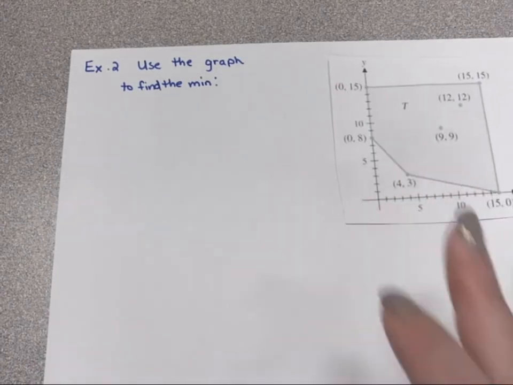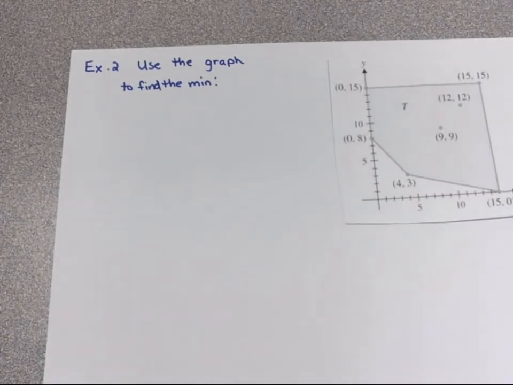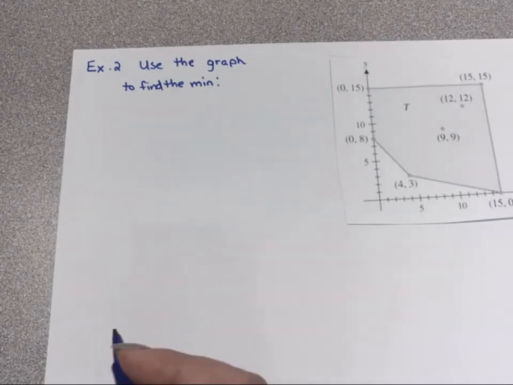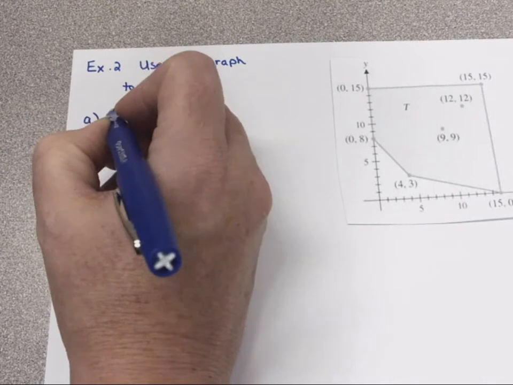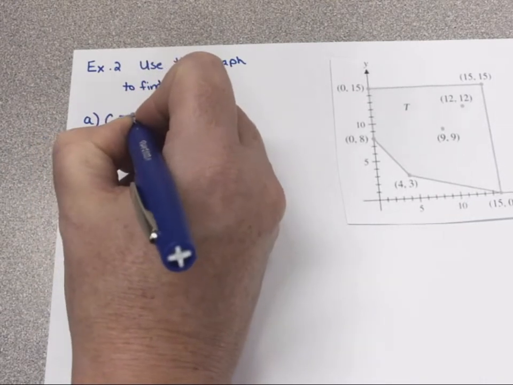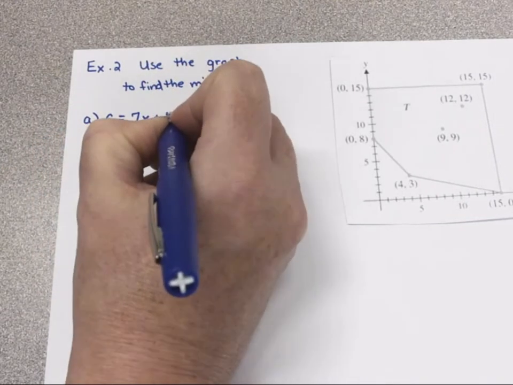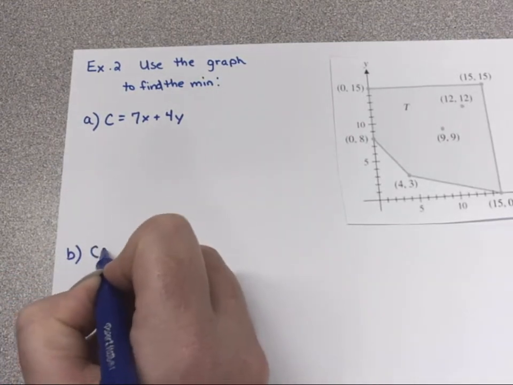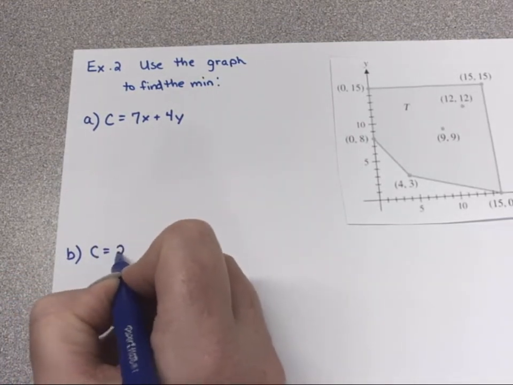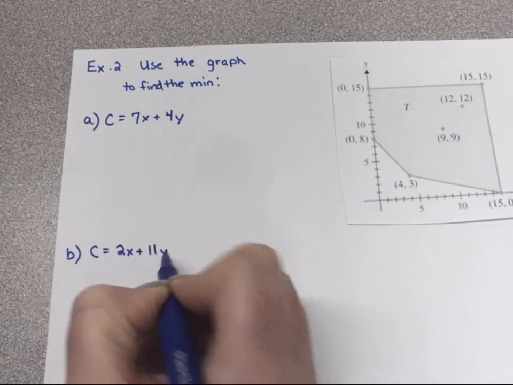So let's take a look at that graph, and we're going to find the min for the following cost functions. So let's say cost equals 7x plus 4y. And again, skip yourself some space. Let's say cost equals 2x plus 11y.